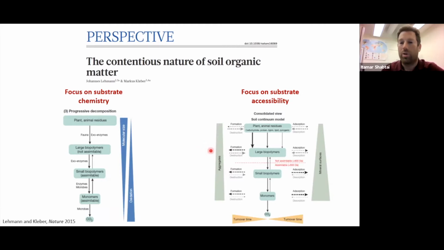And so these organo-mineral interactions in aggregates or on mineral surfaces decreased their availability to the decomposer community. And all of these arrows are a function of different abiotic and also biotic parameters such as moisture, temperature, biology of the soil, microbial community, and others.